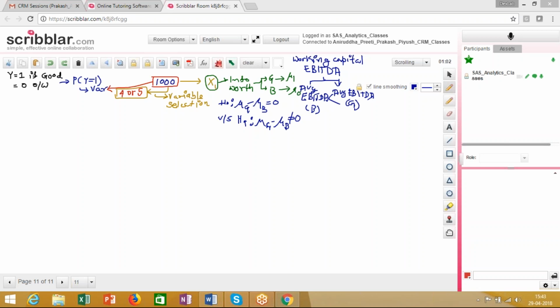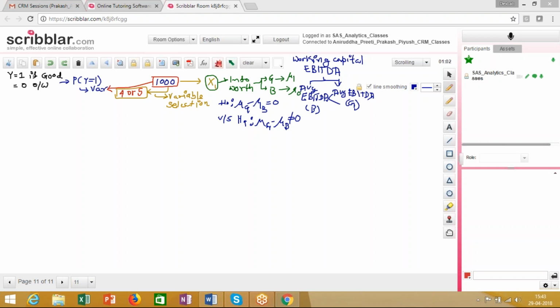Right? So if there are two segments, segment A and segment B created, then it is very important to test whether the bad rates across the two segments are significantly different or not. There are different kinds of business-driven segments which are identified, and then it is tested whether the two segments differ significantly in terms of their riskiness or not.